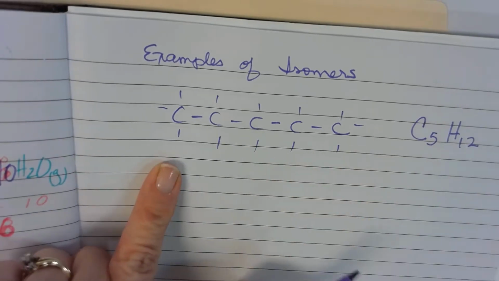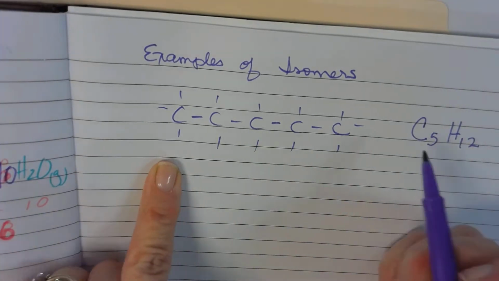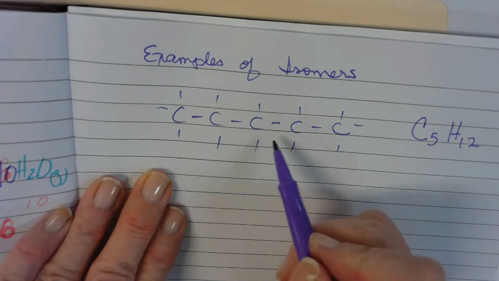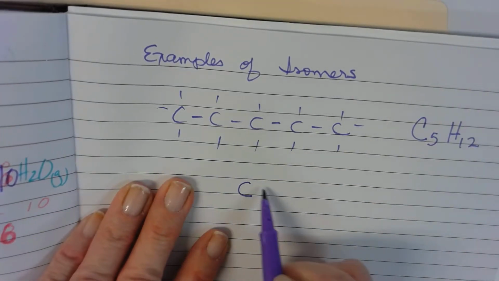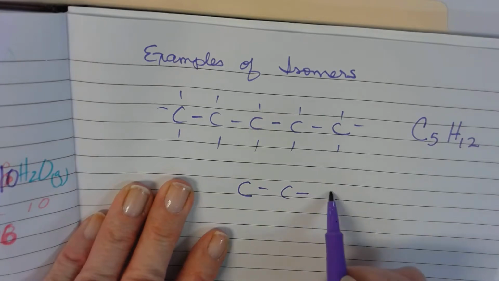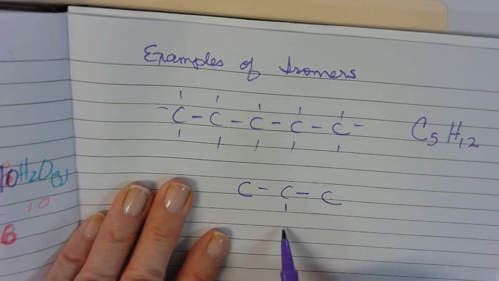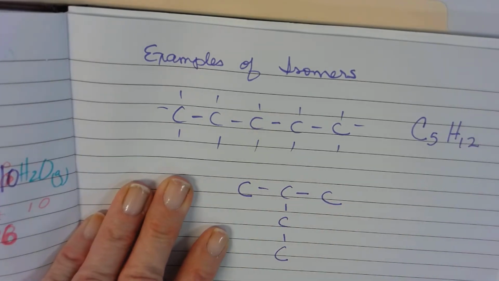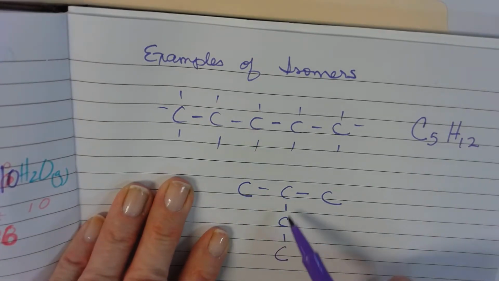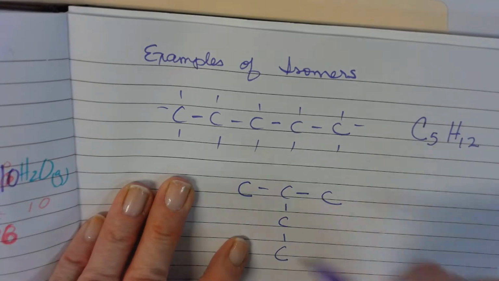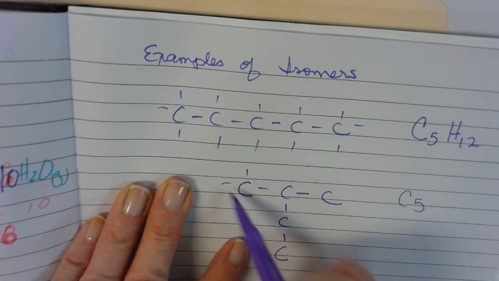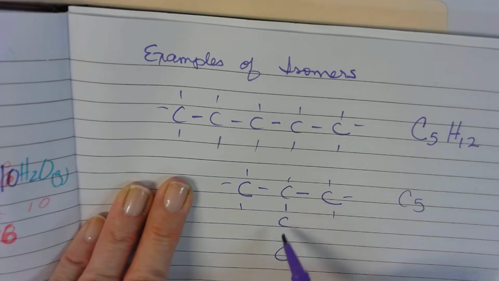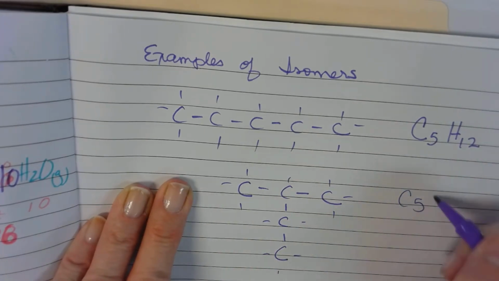Okay. Now, I could rearrange these to where I have 1, 2, 3, 4, 5, like that. 1, 2, 3, 4, 5 carbons, and then 1, 2, 3, 4, 5, 6, 7, 8, 9, 10, 11, 12.